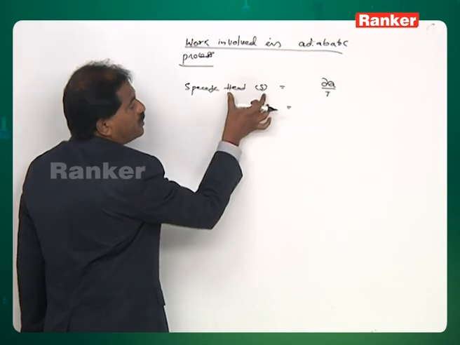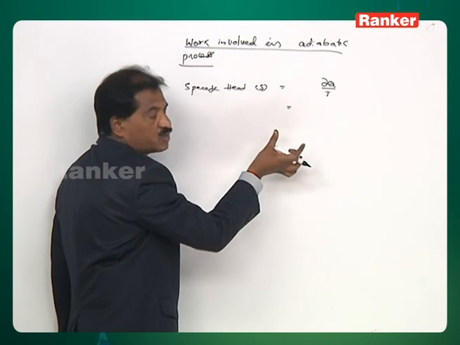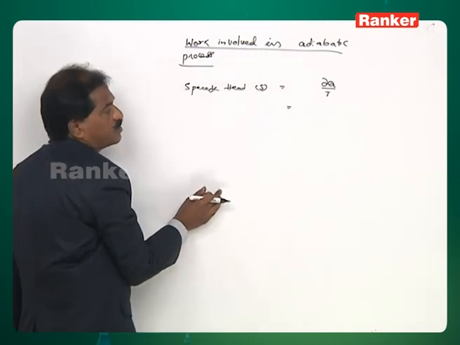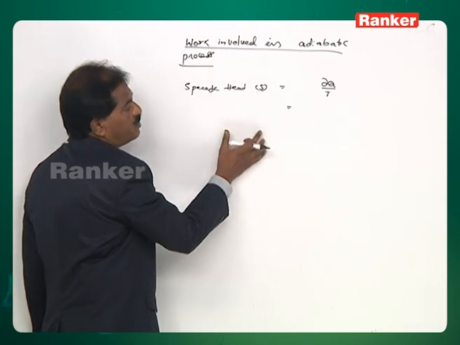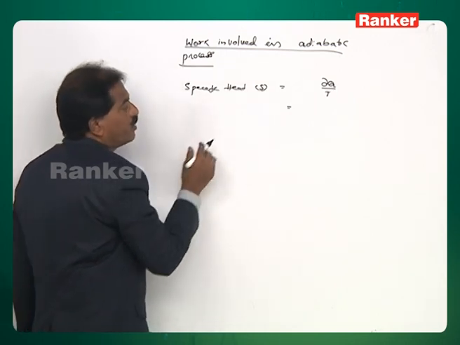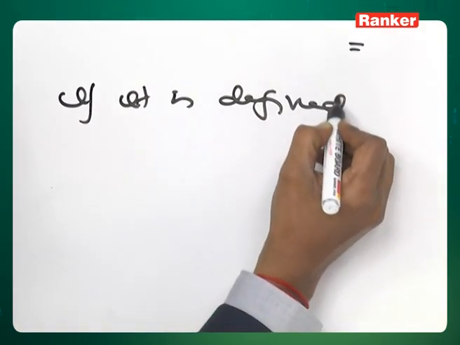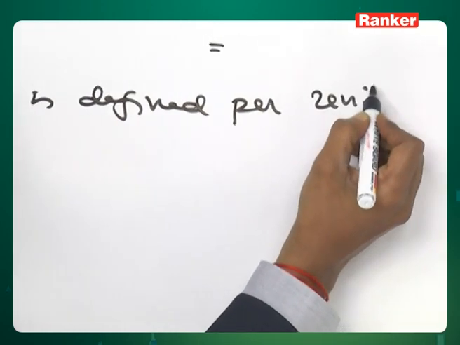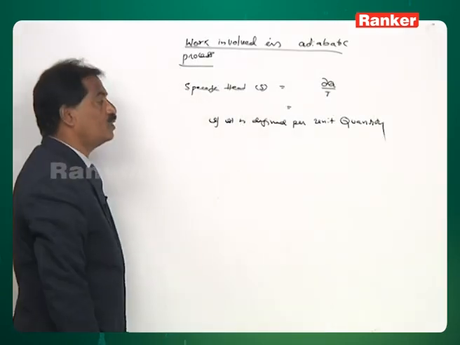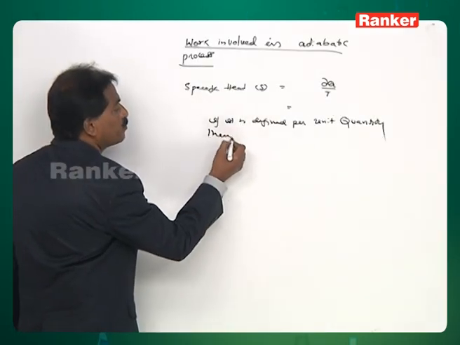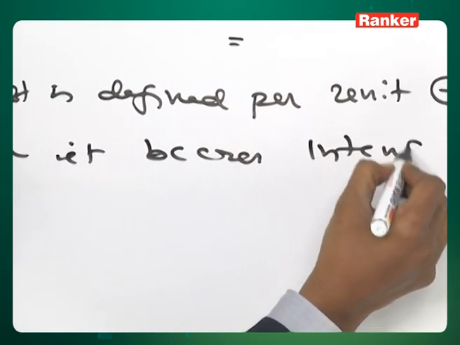Next, this specific heat we can define with respect to quantity of the substance or without respect to quantity of the substance. If we define the quantity of heat with respect to unit quantity of the substance, then it becomes an intensive variable.